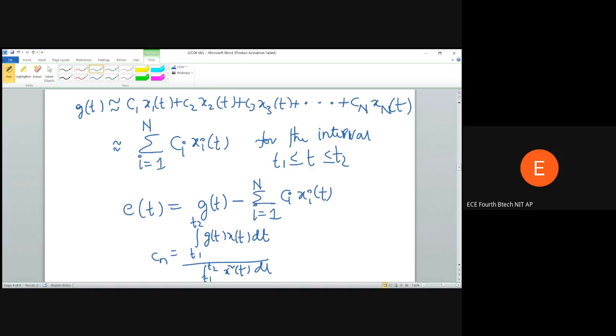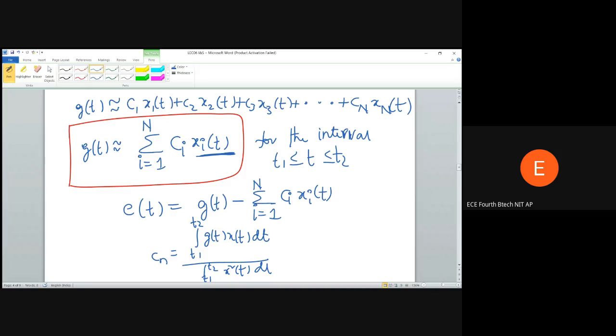One point I would like to say here. I just want you to look into this equation once again. Here the signal g of t we try to approximate in terms of the n mutually orthogonal signals.